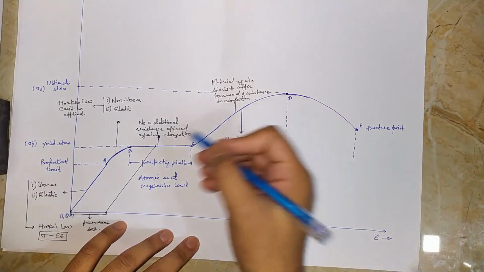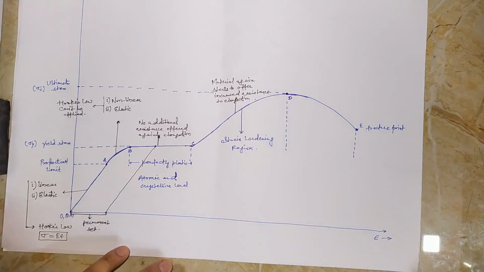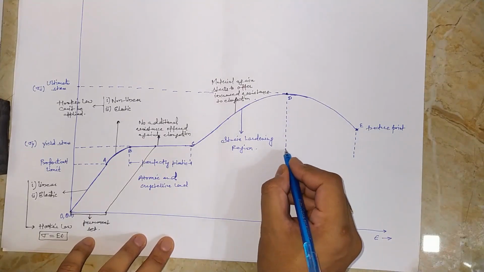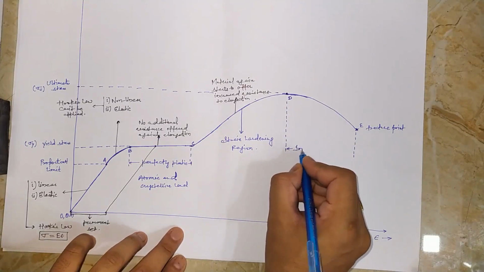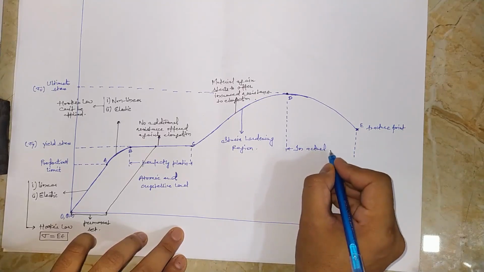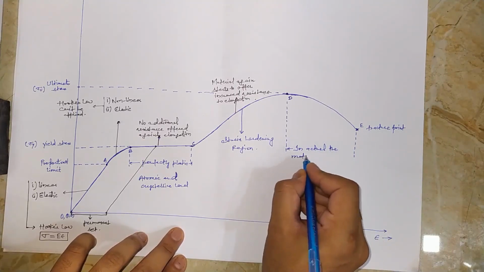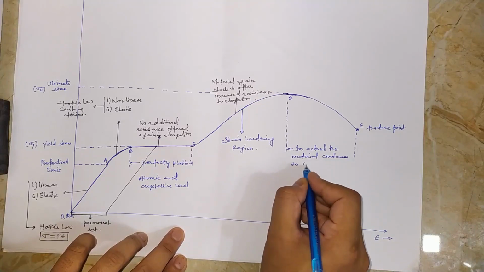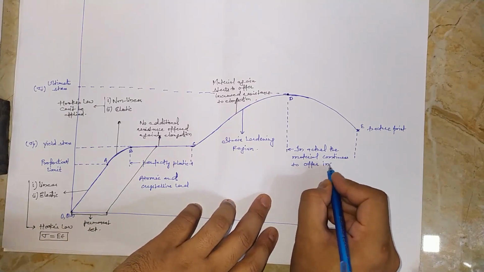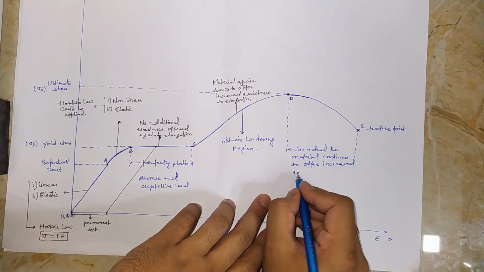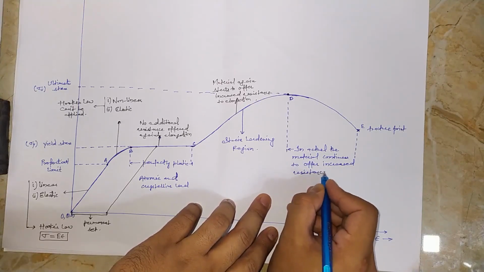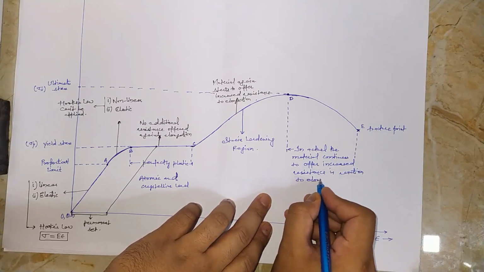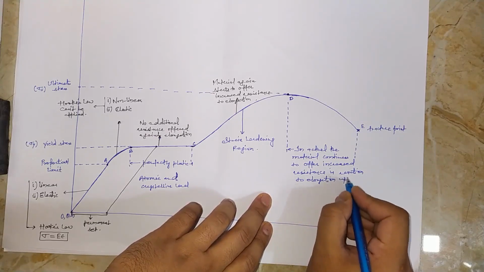Why? Because when we plot the true stress strain diagram, we'll get the exact clarification upon what happens between D to E. Here I want to make one point that in actual, the material continues to offer increased resistance in reaction to elongation up to failure.